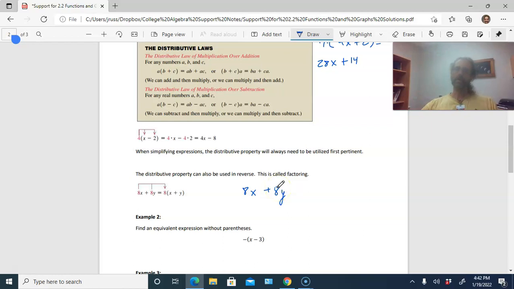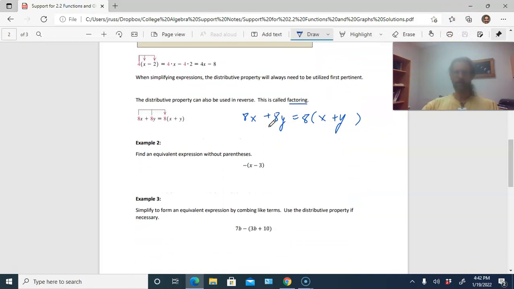So you're doing the reverse of the distributive property, and this is something that we call factoring. And we'll discuss this more in detail later. So basically you would take the 8 out, and then you would just rewrite whatever's left. So if you took the factor of 8 out from the first term, you just have an x left. And if you factor out the 8 from the second term, you would just have a plus y left. Okay. And then you could go back and distribute the 8 and see if you get the same thing. So that's actually called factoring.